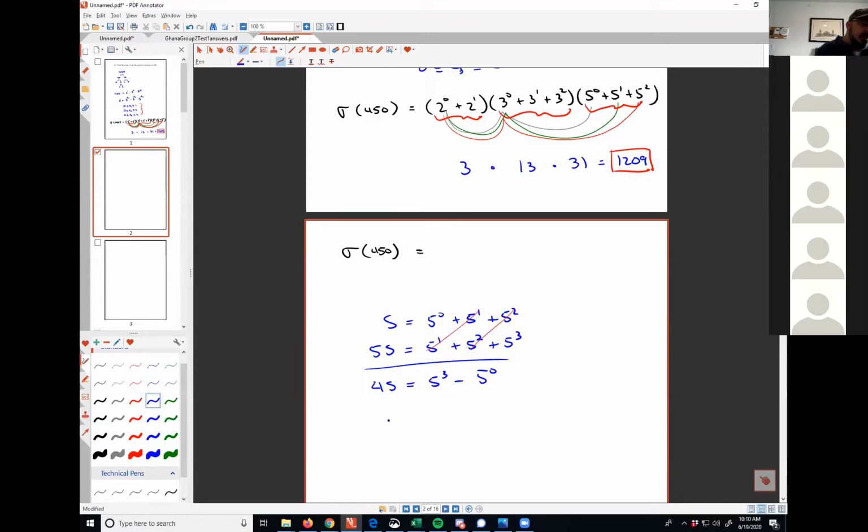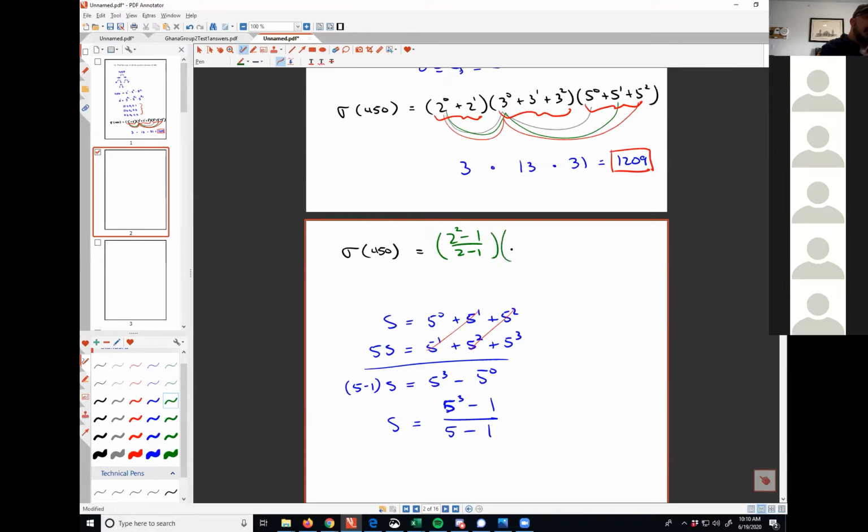And so, actually, I'm not even going to simplify. I'm going to just write it like that. And then we can say S equals 5 to the third minus 1 over 5 minus 1. And so if we had wanted to, we could have expressed the sum of the divisors of 450 as 2 squared minus 1 over 2 minus 1.